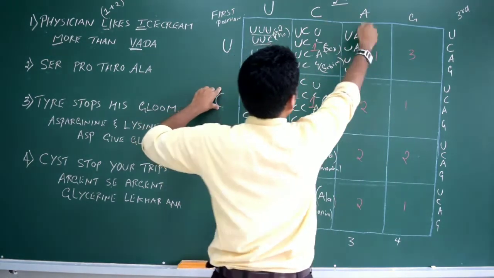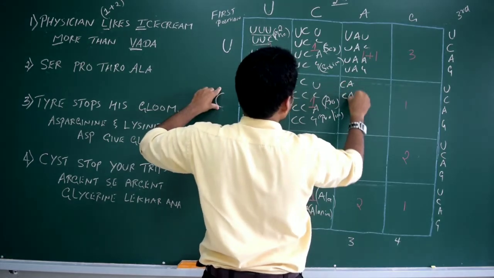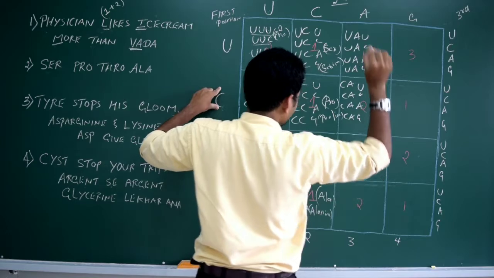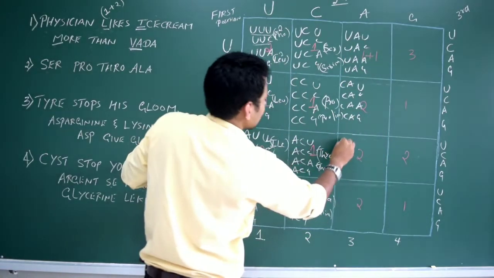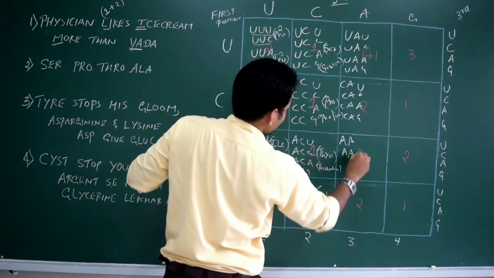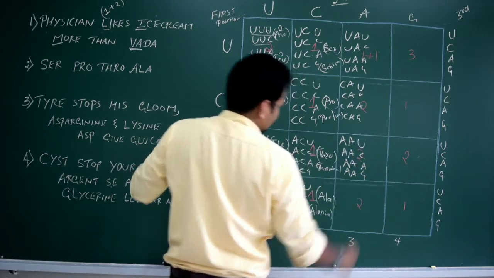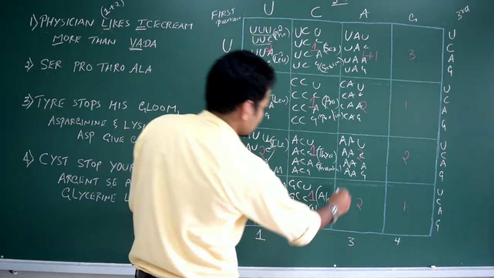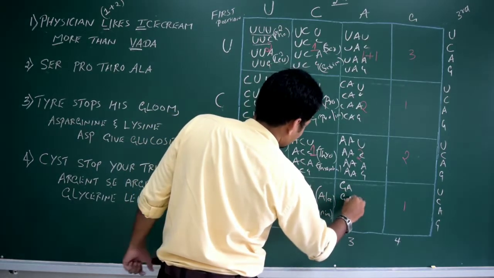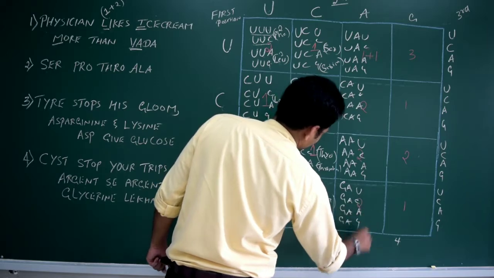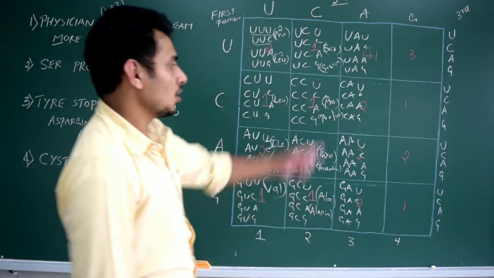Then UC, easy. Next UC, simple. Next UC. So again 16 codons.